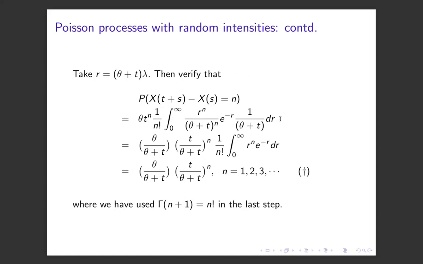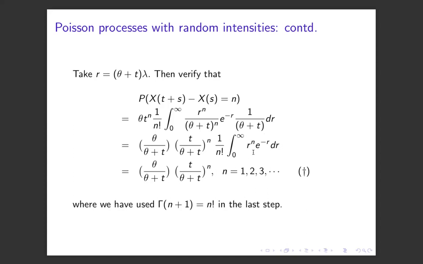So again, do this thing of taking out all the terms that do not depend on r. Then you have this expression: theta divided by theta plus t, times t divided by theta plus t to the power n, and then 1 over n factorial times the integral from 0 to infinity of r power n e to the power minus r dr. You may recall that this is a gamma integral.